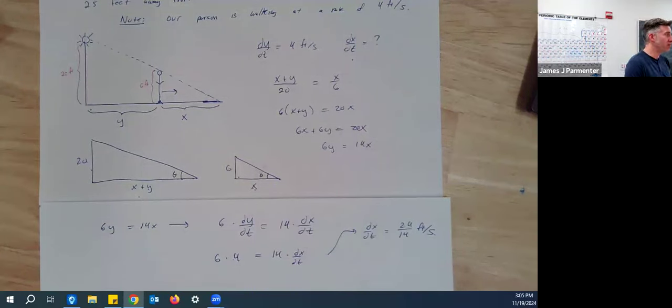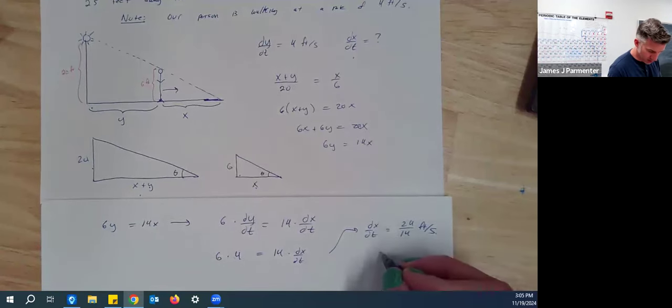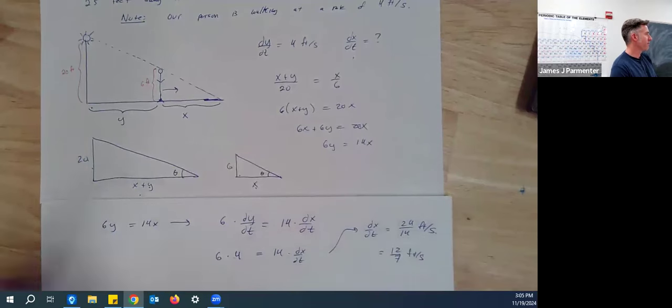That's kind of atypical, but sometimes happens. It doesn't matter, assuming you project the light forever and there isn't any curvature or whatever. If you kept walking away from this lamp forever and ever, the rate of change of the increase in the length of your shadow would always be whatever this number is, 12 over 7 feet per second in perpetuity. Whether you're 25 feet away or 2,500 feet away, your shadow would still be increasing at the same rate.